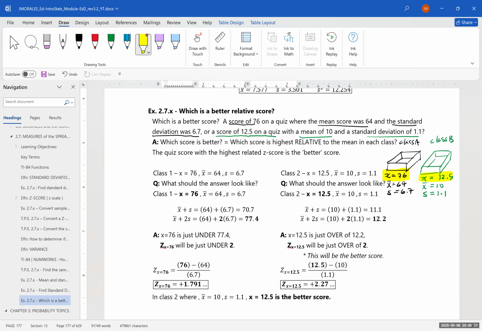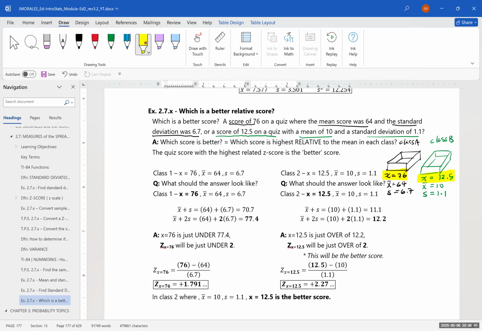And so what we're trying to figure out here, between these two different classrooms with two different grading scales, is which student did better? A student with a 76 in class A, or a student with a score of 12.5?